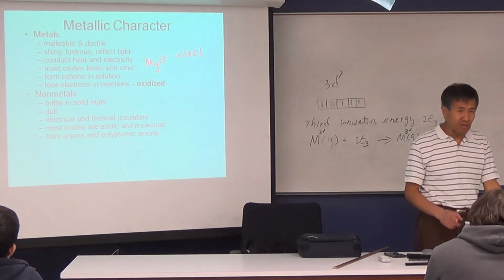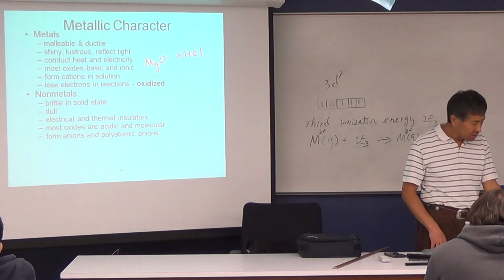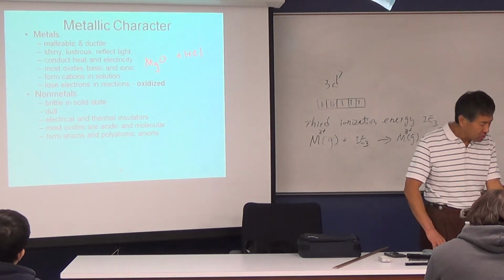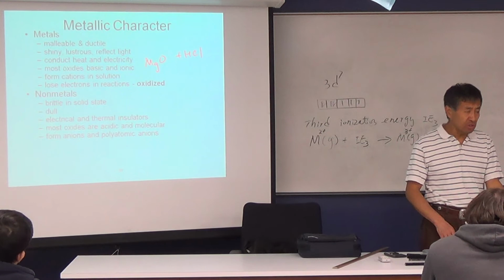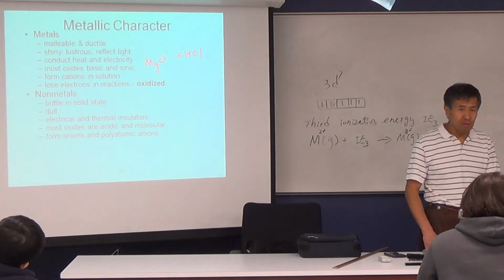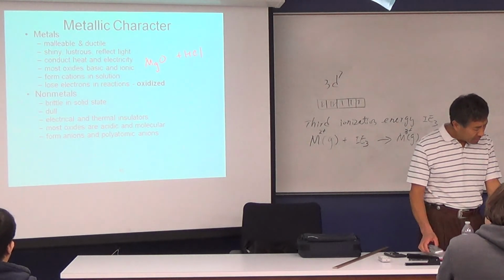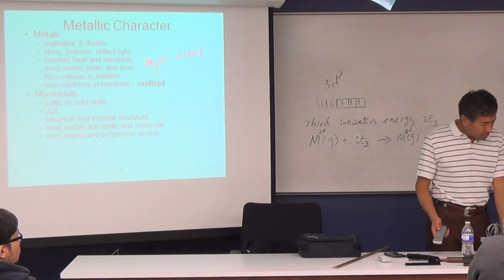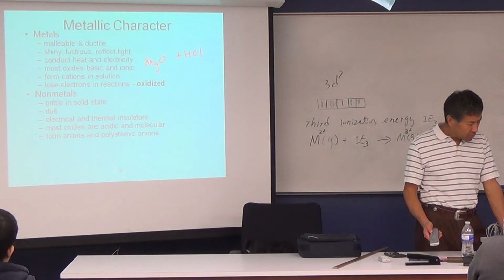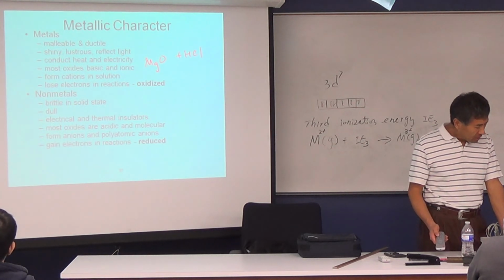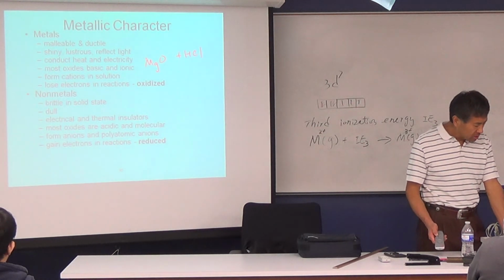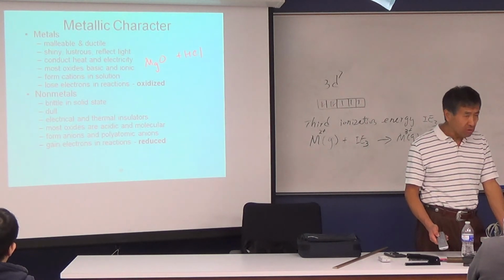Most oxides, for example, oxide of carbon dioxide, oxide of sulfur, oxide of nitrogen, are the source of the so-called acid rain. And it can produce anions. It can also produce polyatomic anions. In chemical reactions, it usually will gain electrons, being reduced.